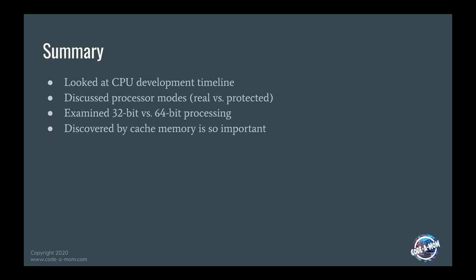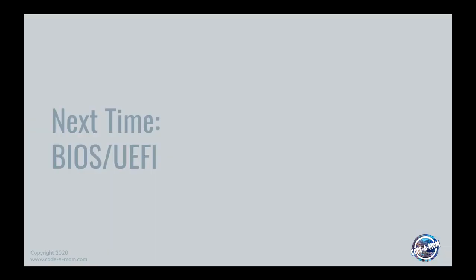We took a look at the timeline of development. We talked about real and protected mode. We looked at 32-bit versus 64-bit processing. And we also had a discussion of cache memory, how it works, and why it's so important.